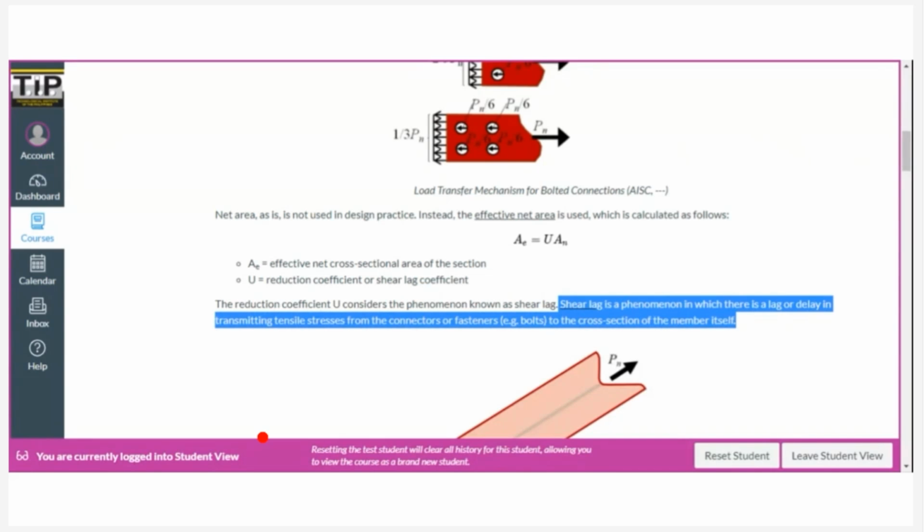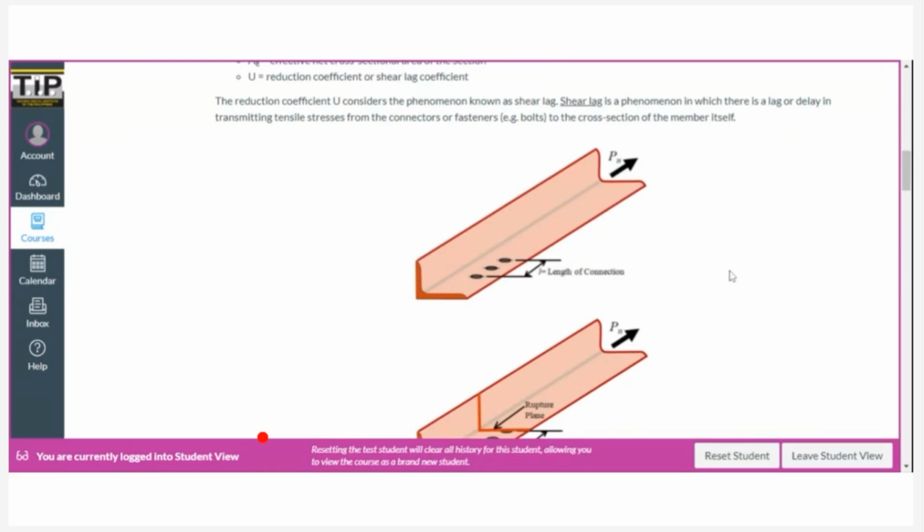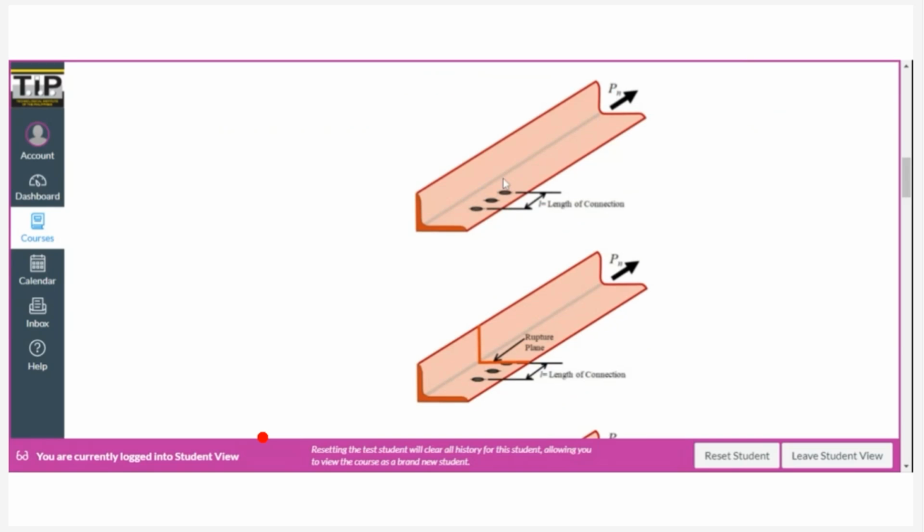For example, we have a tension member here, subjected to a load Pn, and then here's the connection right here. Then we consider that the critical rupture plane here goes at this point. So meaning it will most likely fail at this failure plane.